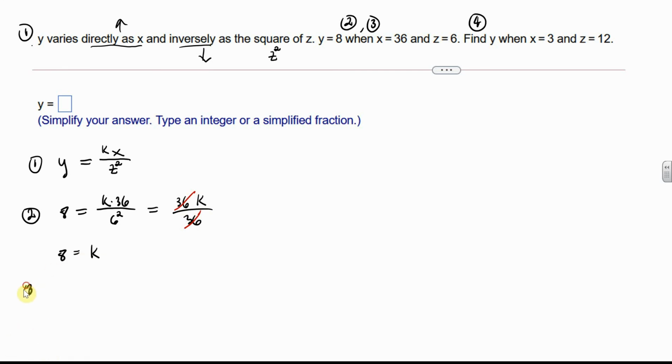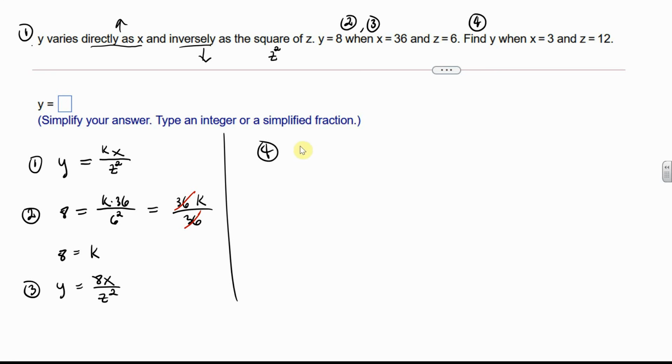So step number 3, since I know what k is, I write y is equal to 8 times x all over z squared. And then step number 4, well, they give us some more information over there. It said find y when x is equal to 3 and z is equal to 12.